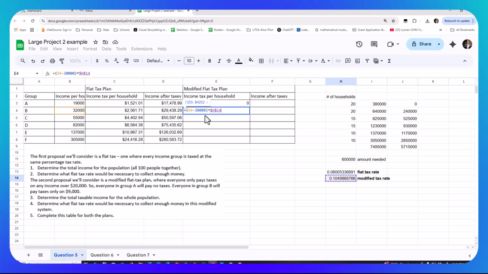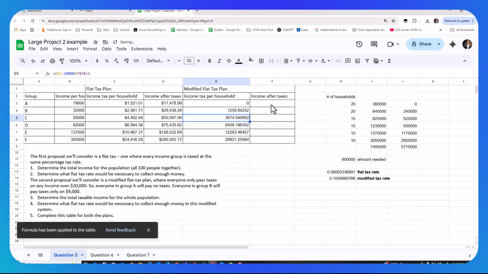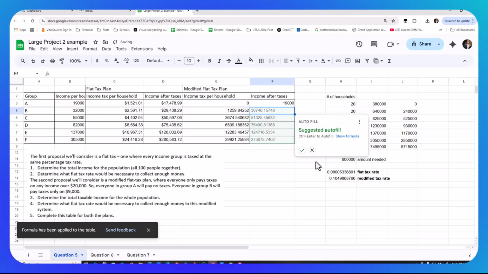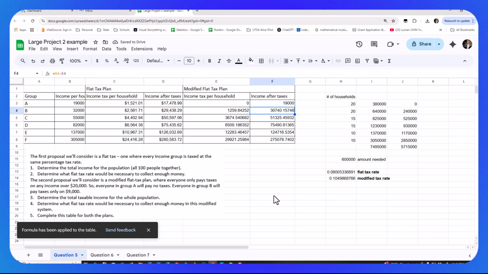So I did the same thing again, the income per household minus 20,000 and then times this tax rate. And it will fill in all these values, and finally the income after taxes is simply the income per household minus the taxes that they pay, and I can fill in the first part of my table.